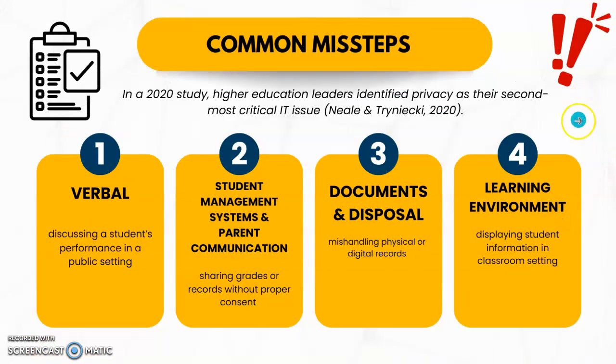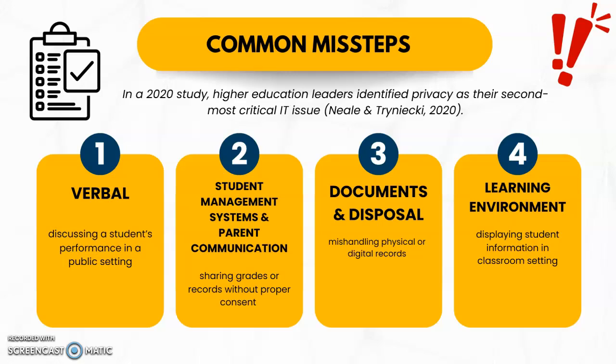So a few common missteps that we need to be aware of and be vigilant for within our specific school setting, because again, based on recent studies, a lot of higher education leaders have identified privacy as a really critical IT issue, and it's not just on the technology side, but other areas that we need to be mindful of: what we're saying and how we're saying it.